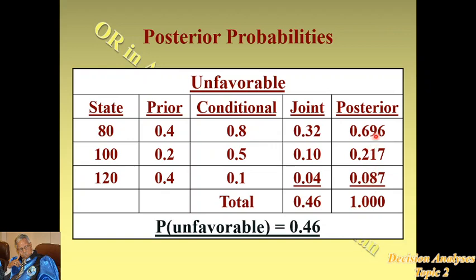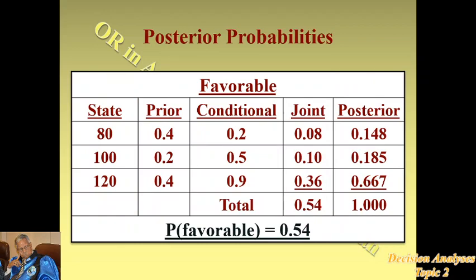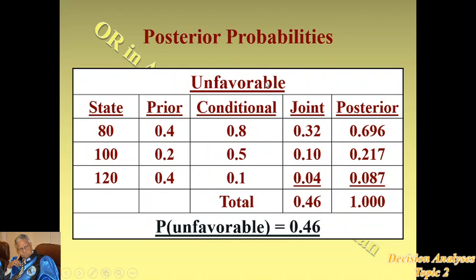Also, the sum of these probabilities equals 1. We will use these posterior probabilities of unfavorable and the previous posterior probabilities of favorable in our calculation as follows.